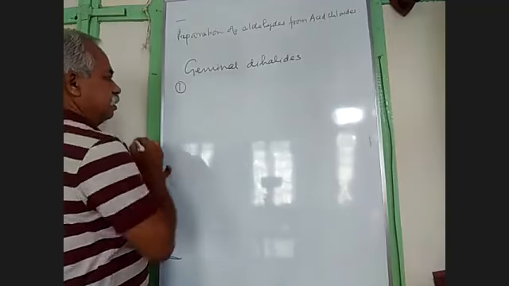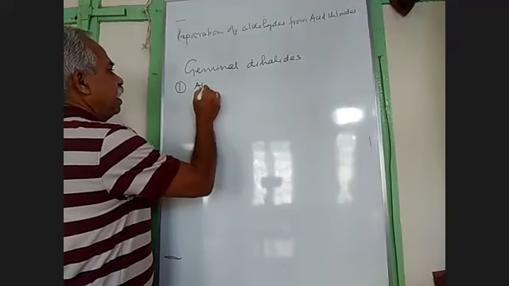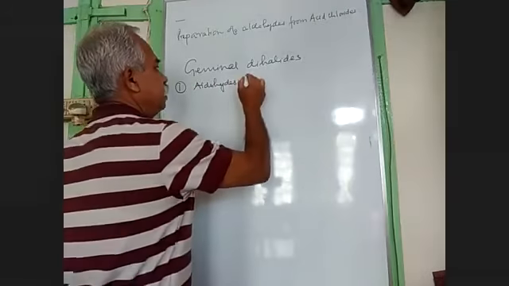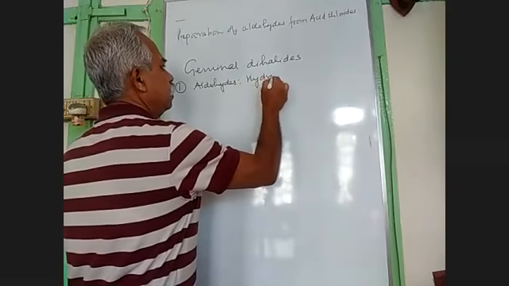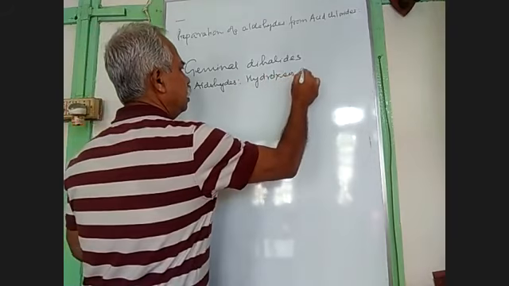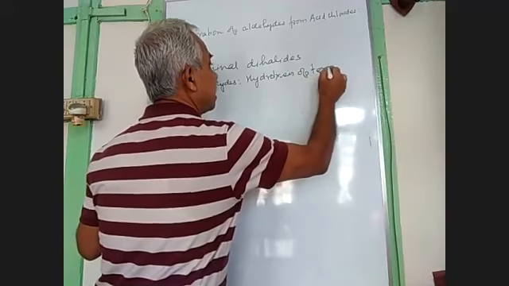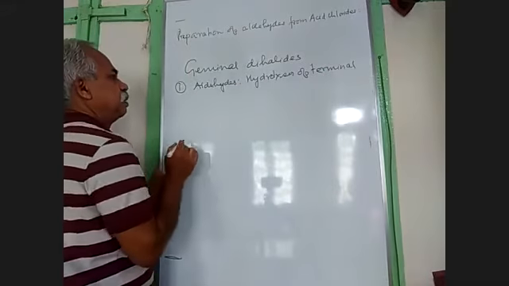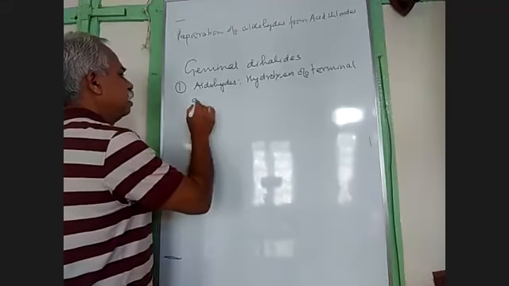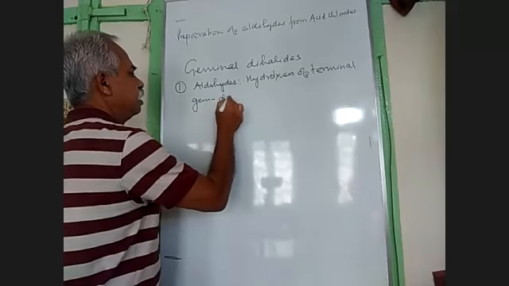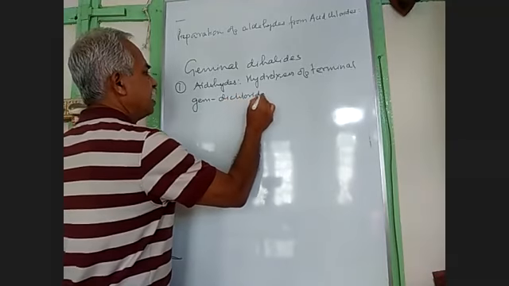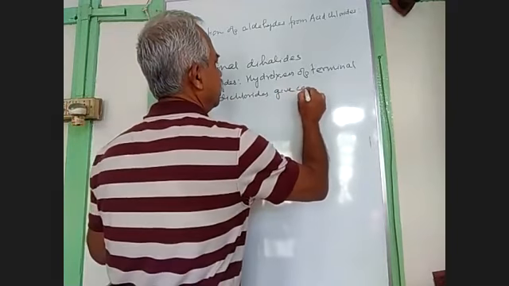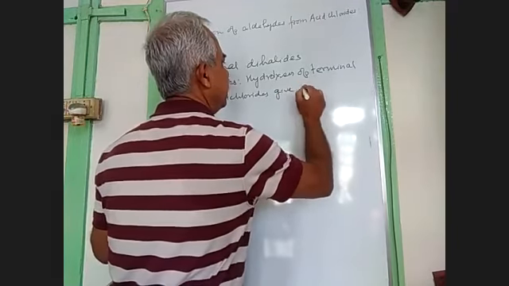Then we write here aldehyde. Hydrolysis of terminal means last or first carbon. Hydrolysis of terminal gem dichloride gives aldehyde.